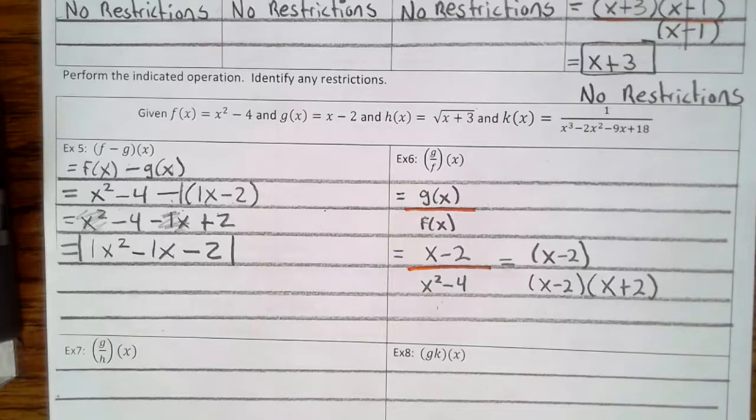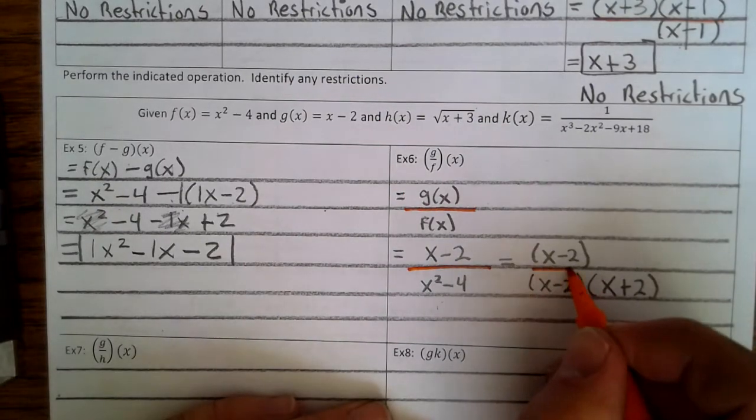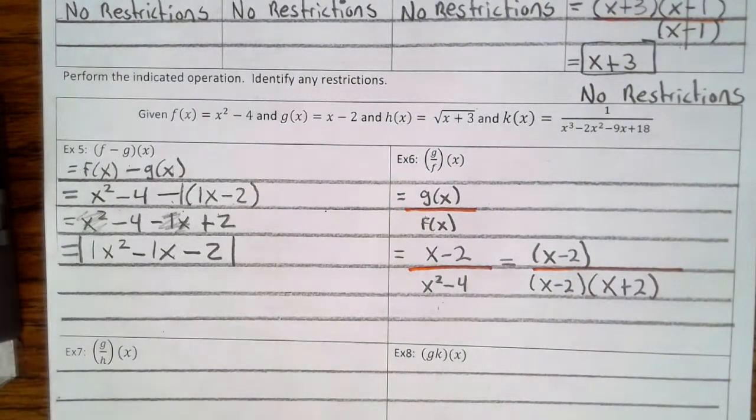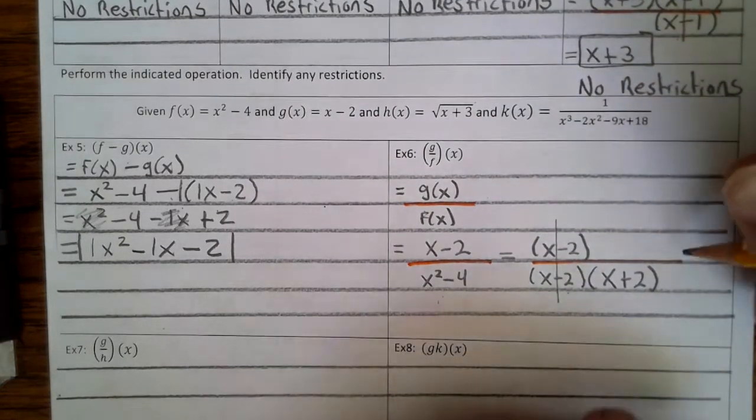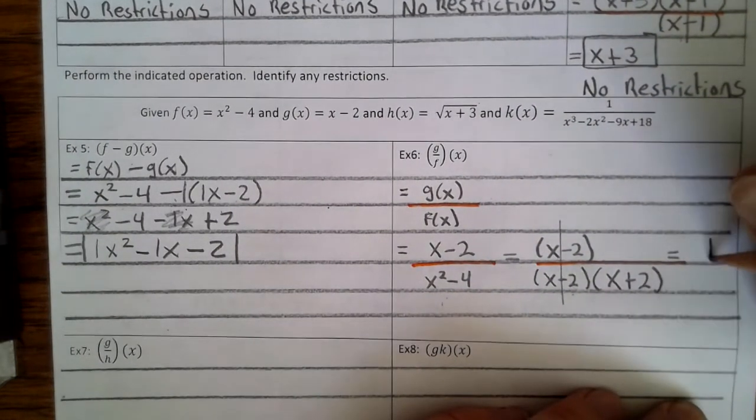Which x minus 2 divided by x minus 2 divides and becomes 1, and you're left with 1 divided by x plus 2.